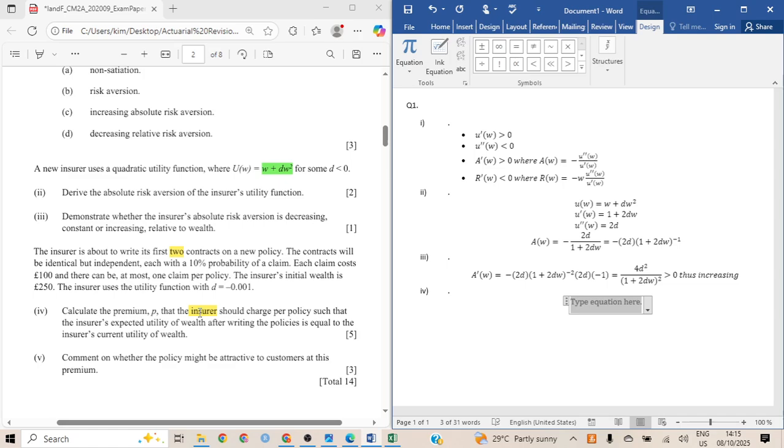There's a difference between the insurer and the insured. In this case, we are dealing with the insurer. So the formula that we'll use, which again is also given in the question, is that the utility of initial wealth plus the premium minus claim will be equal to the utility of initial wealth.